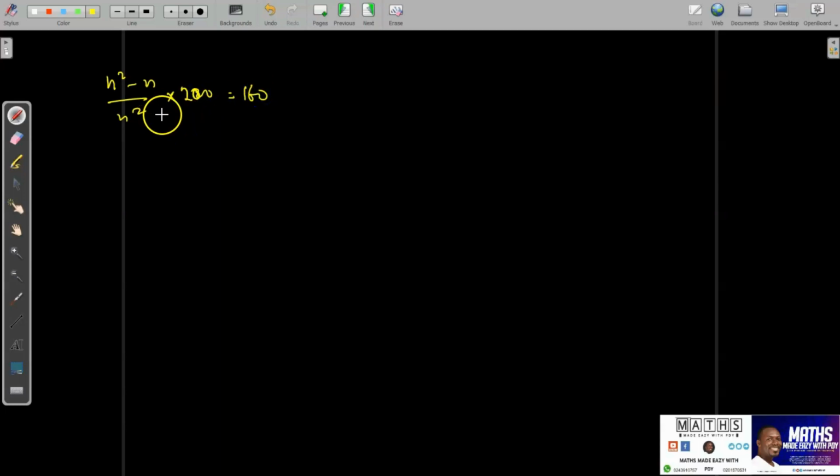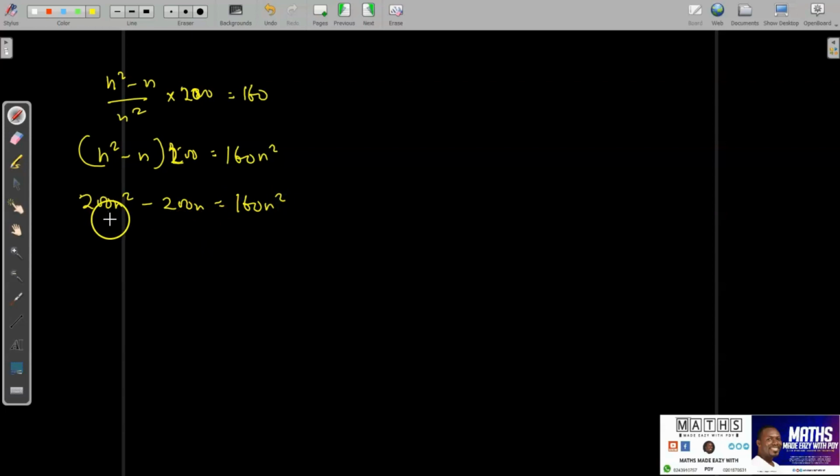At this point, what must we do to get the value of n? You can multiply through and have n squared minus n all times 200 equal to 160 n squared. Do you agree? Yes, sir. In that case, you have 200 n squared minus 200 n equal to 160 n squared.